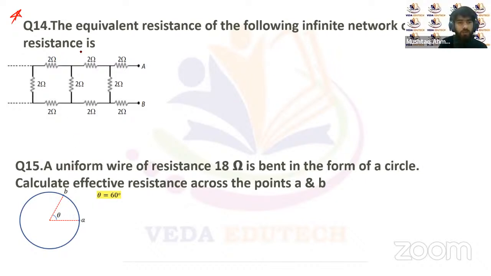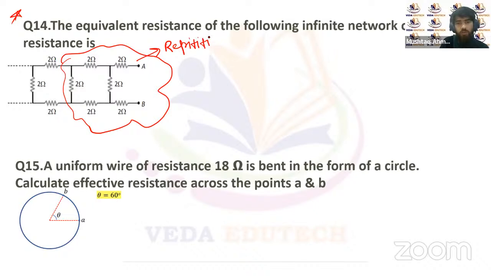Now you can see here, after this part, the circuit repeats itself. It's the repetition, so from this part onwards the circuit repeats itself up to infinity. It means whatever the equivalent resistance of this part is, the same will be the equivalent resistance of the whole part.